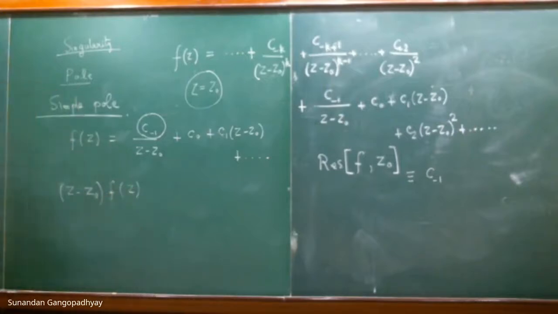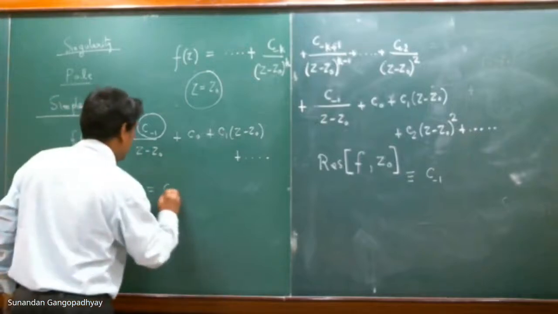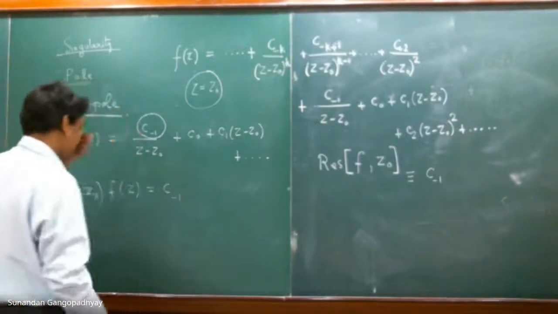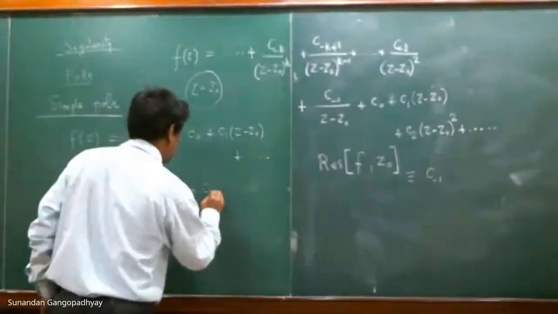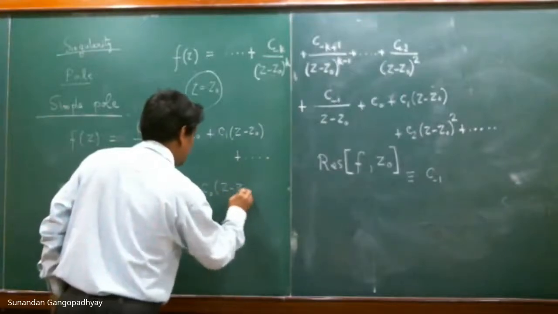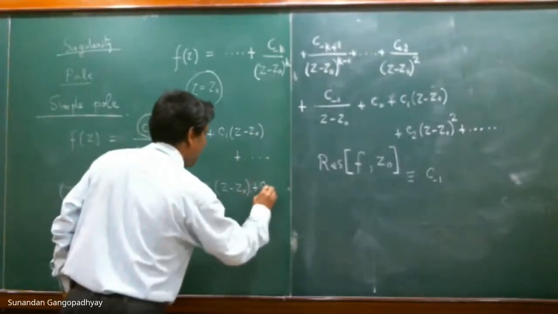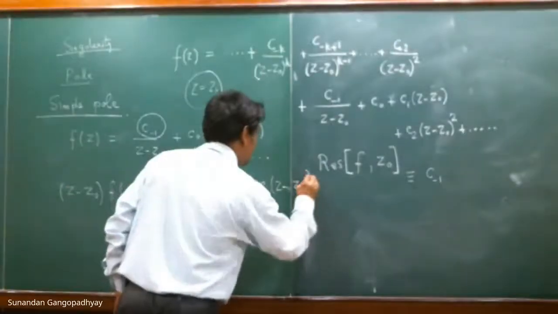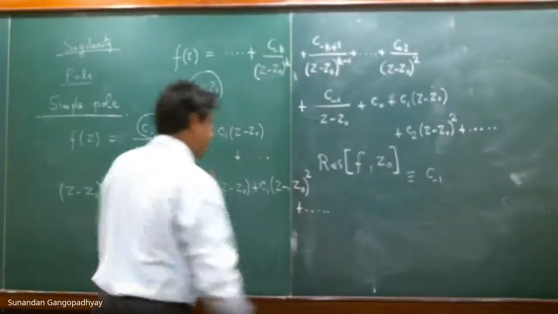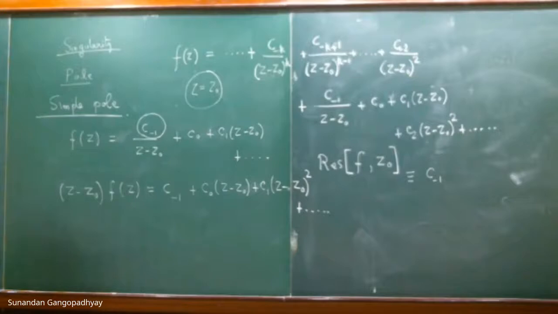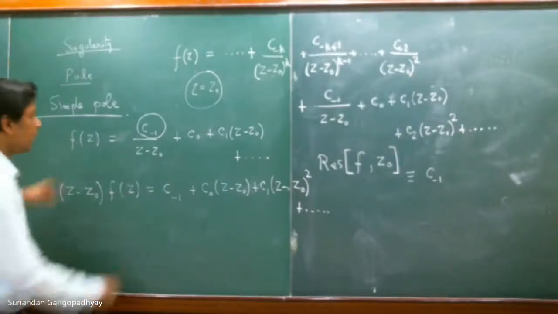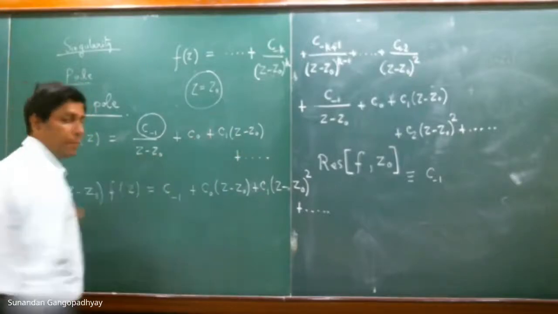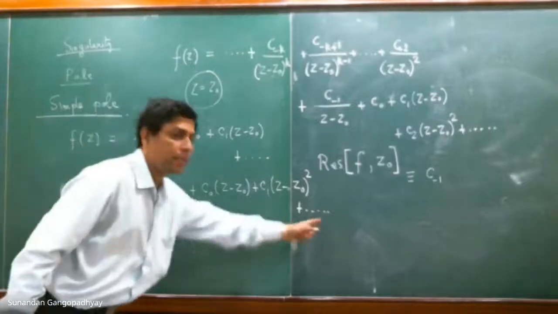So this will be c minus 1 plus c naught times z minus z naught plus c1 times z minus z naught squared plus dot dot dot. So what I have done is multiply throughout by z minus z naught, and therefore we get this equation.